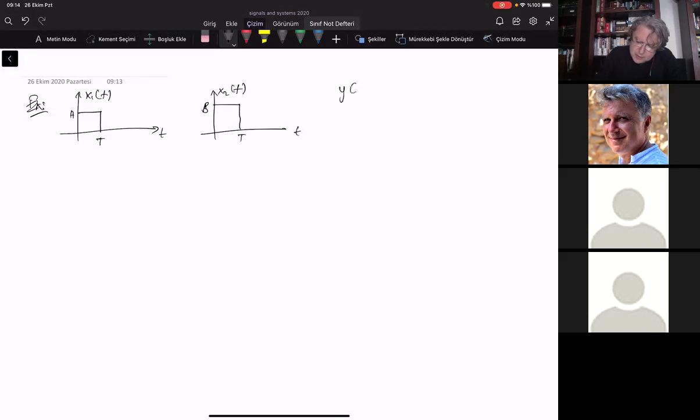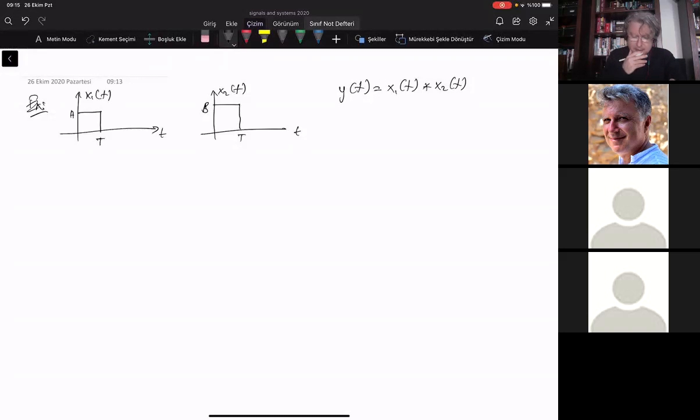So y of t is equal to x1 of t convolution x2 of t. What does it look like? If there are two rectangular boxes like this one with different shifts, one of them may be centered around 0, the other one may start from 0, or the other one may start from minus capital T and go up to 0, etc. It all determines where the convolution will start and where it will end.